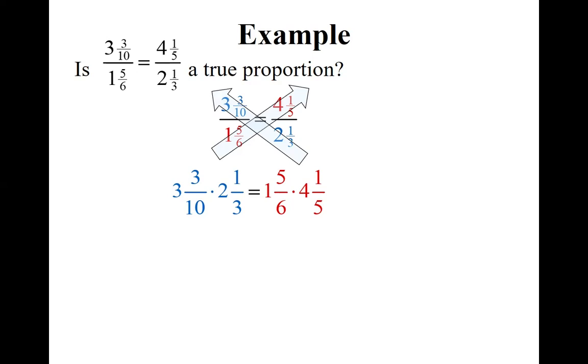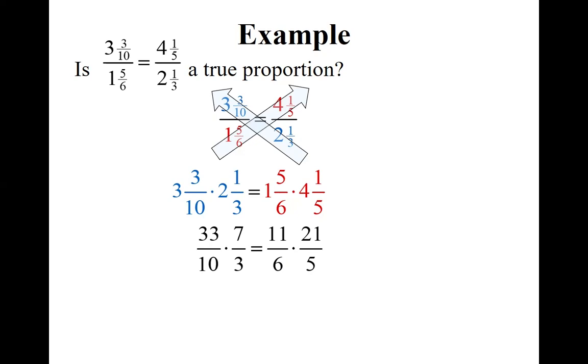In order to multiply mixed numbers, they have to be improper fractions, so we convert them all to improper fractions. Feel free to pause and try this on your own and see if you get the same answers. But these are the improper fractions.